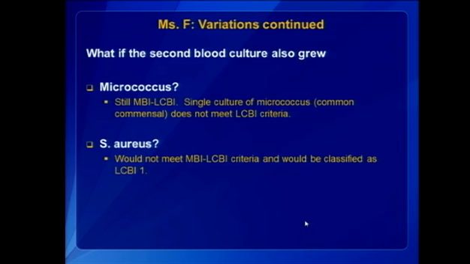Staph aureus is not one of those. So this would then be classified as an LCBI criterion 1, a pathogen in a positive blood culture, and no other recognized cause.